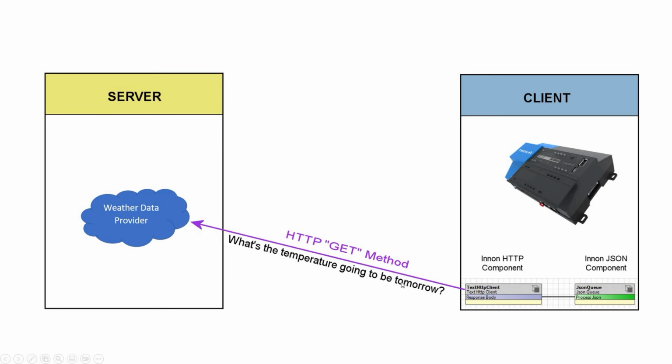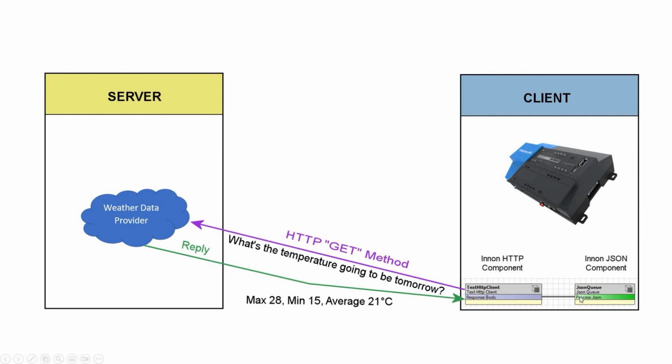We're going to say, what's the temperature going to be tomorrow? Okay, so the server receives that. It finds out what time and what place you're talking about. You probably have that in the message as well. And it will reply with some data saying the max will be 28, min 15, average 21. Now that will go back into the Innon HTTP client component, into the response body slot.